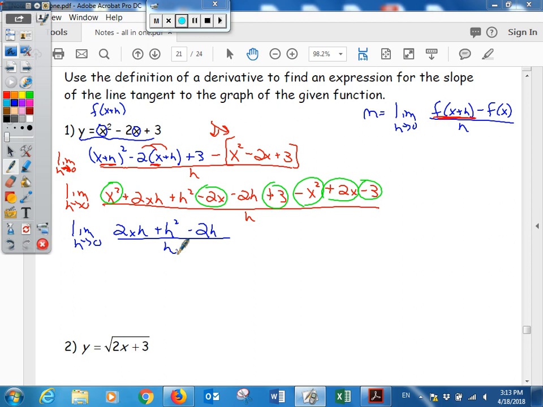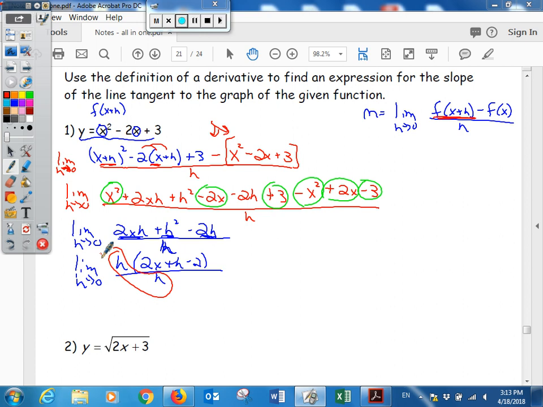And then the next step is to notice that each of these terms in the numerator has an h in it. So if I could factor out the h, then I could cancel with the h in the denominator. So the limit as h approaches 0, taking out an h, I get 2x plus h minus 2 all over h.